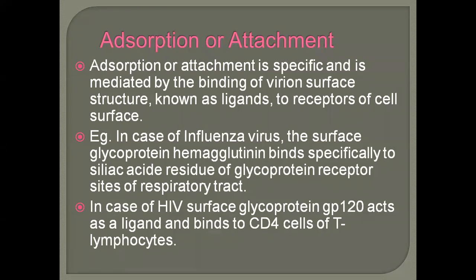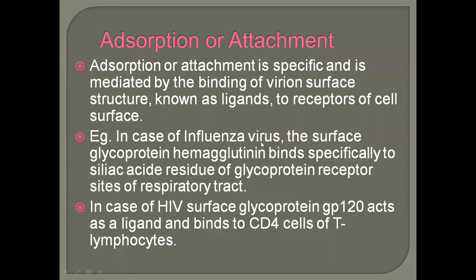For example, an influenza virus has spikes which come towards the RBCs. The glycoprotein hemagglutinin binds specifically to sialic acid residues.